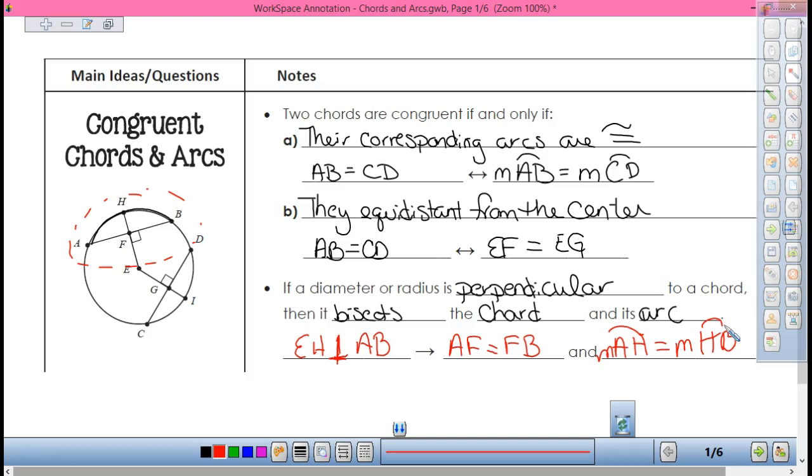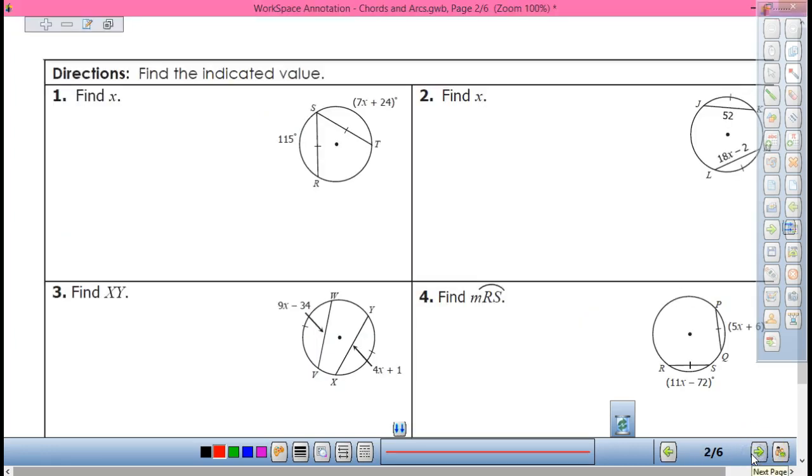So, let's put that into practice. Okay? It says that my chords are congruent, so that means my arcs are congruent. So if my arcs are congruent, what can I set up? 7x plus 24 equals 115. 7x equals 91. X equals 13.